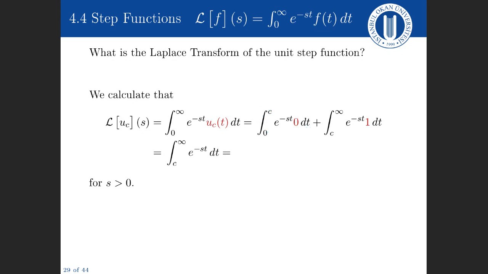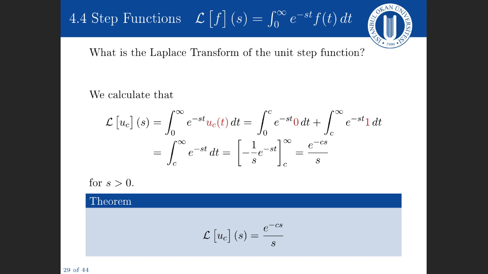We need to calculate the integral from c to infinity of e to the power minus st dt. And it turns out that this is e to the power minus cs divided by s. This is an important formula, so let's write this as a theorem. The Laplace transform of the unit step function is e to the power minus cs divided by s.